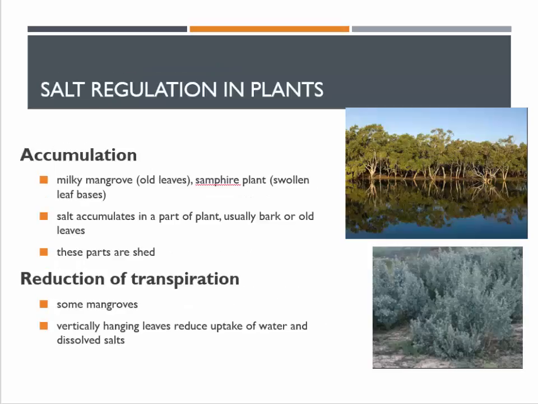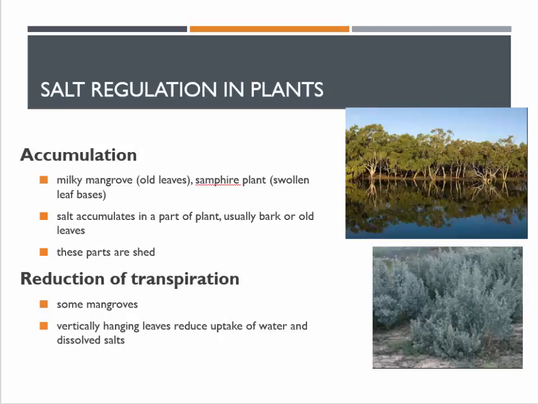So the next process is accumulation. It's very similar to excretion, except rather than expelling the salt, the plant pushes the salt into a particular part of it. Usually it's going to be leaves or sometimes bark.